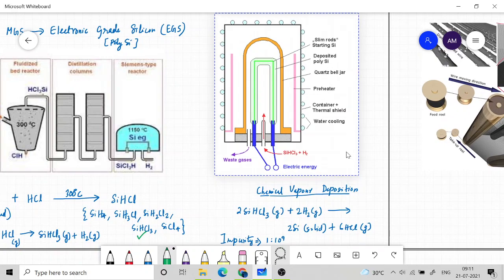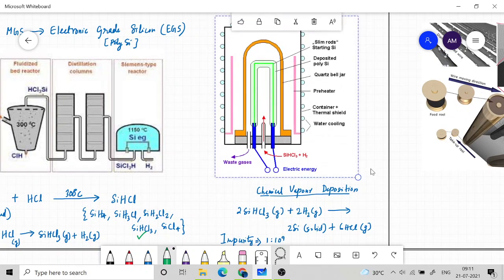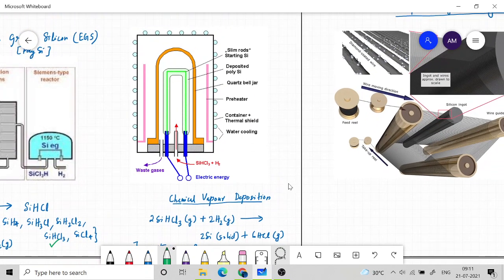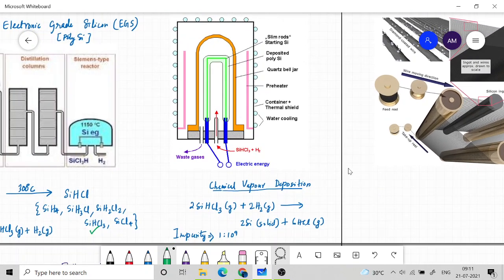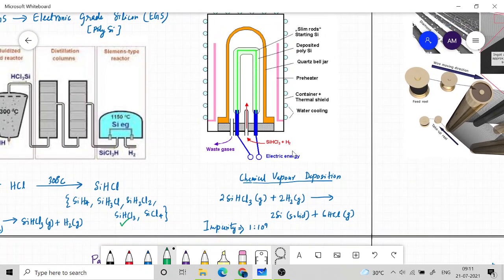So what are the inputs here? Here we have SiHCl3, and it is made to react with hydrogen, both in gaseous state, and what you will get is silicon plus hydrogen chloride.